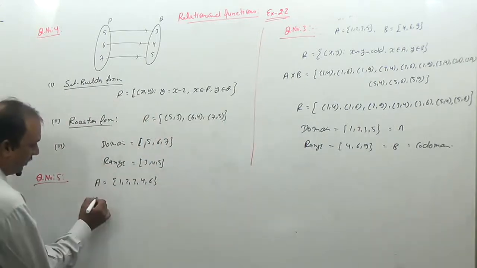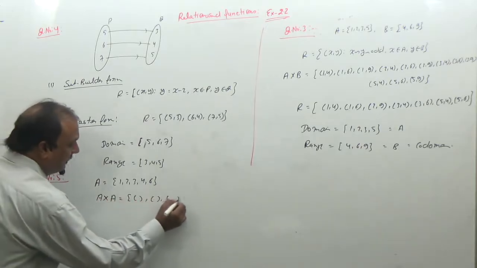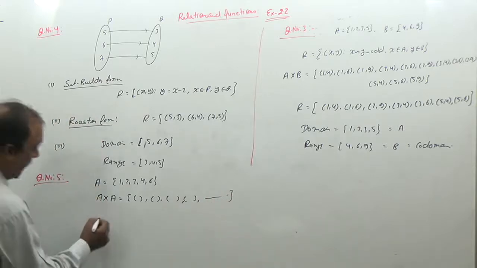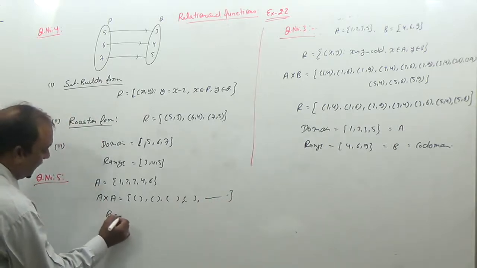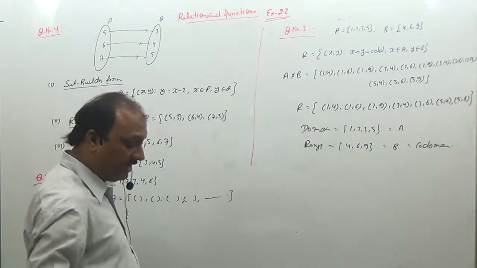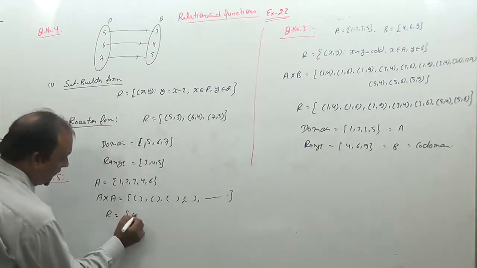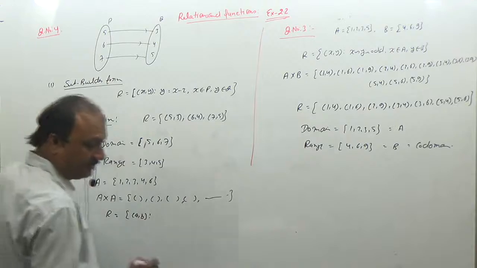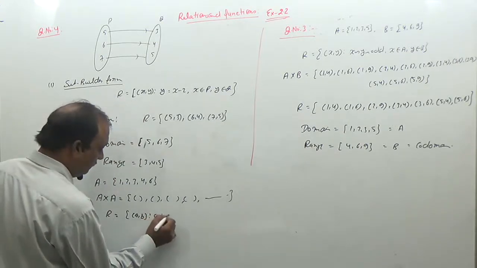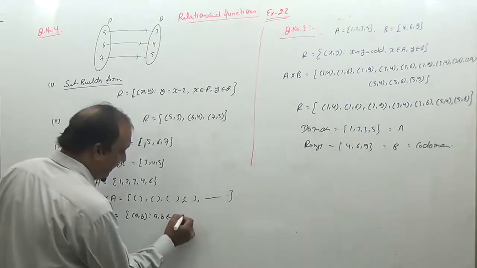First of all, to form a relation, we first take A cross A, where ordered pairs are formed, 25 ordered pairs are there in A cross A, and take a subset from A cross A by using the given property. So the relation is defined as R, ordered pairs (a, b), such that a and b belong to A and b is exactly divisible by a.